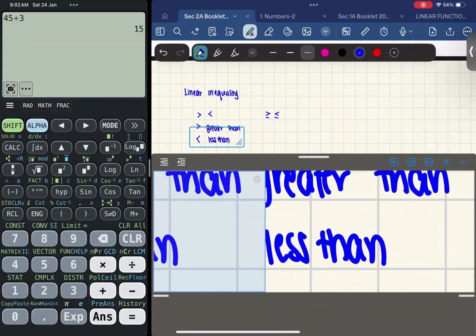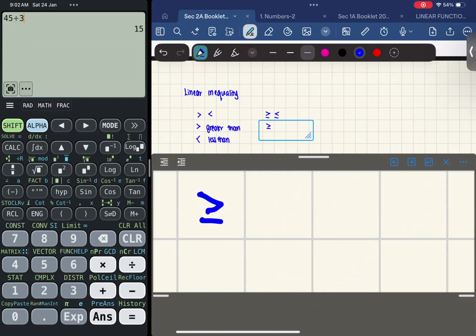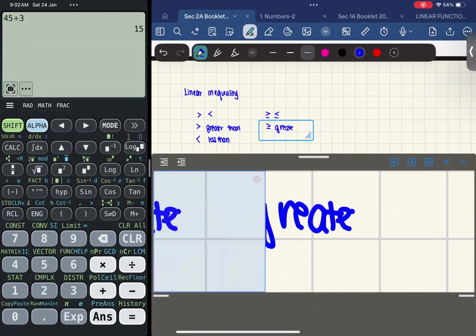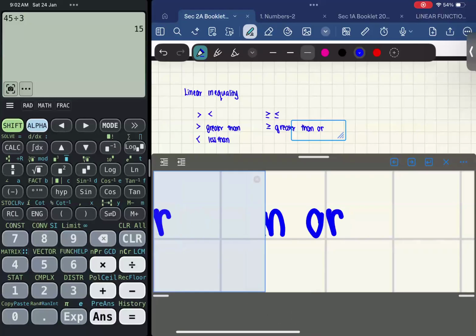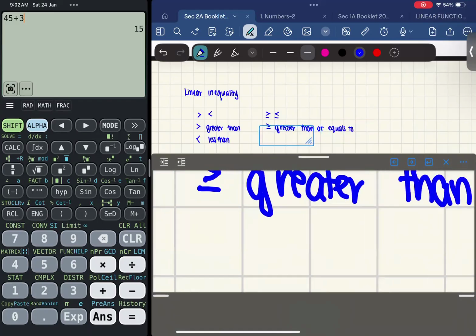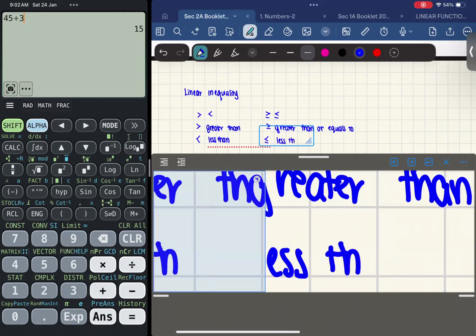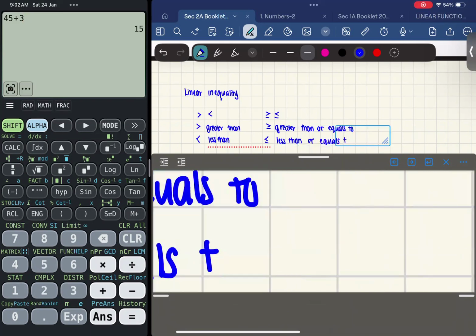Then the one with the equal sign at the bottom, this is greater than or equals to. Then the other one is less than or equals to.